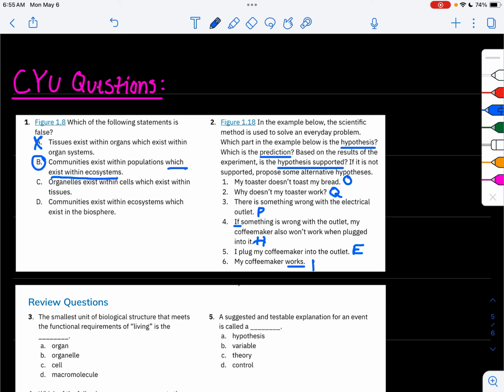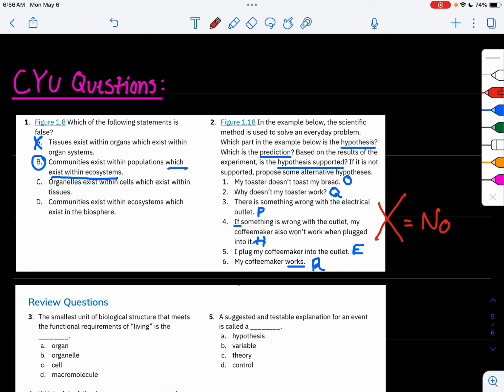Here are our results. Do these results support the hypothesis? And the answer is no, they do not. The hypothesis was if I plug something different into this outlet, then the thing won't work. Well, they plugged something different into the outlet in the form of a coffee maker, and it worked. So it's not the outlet.